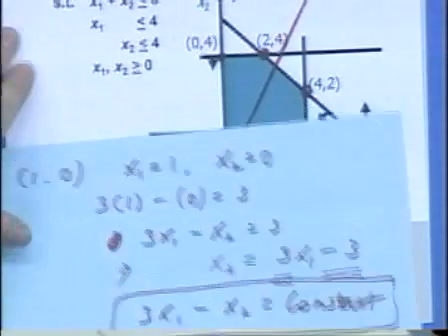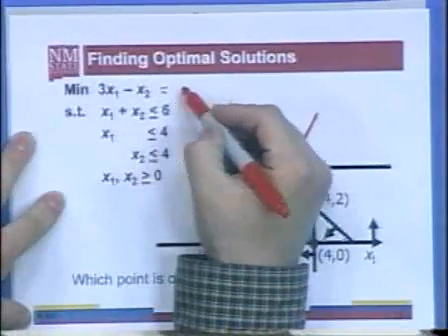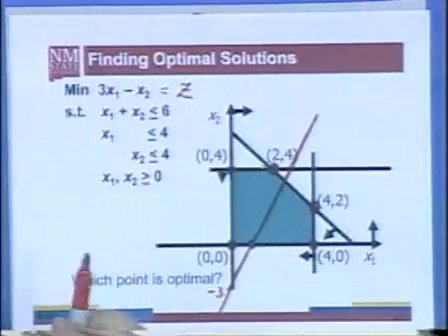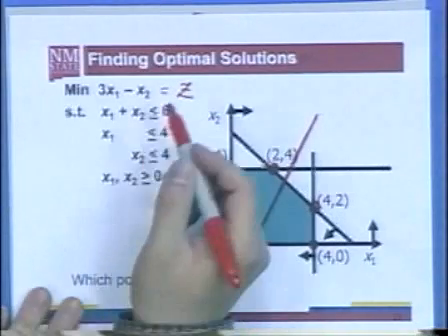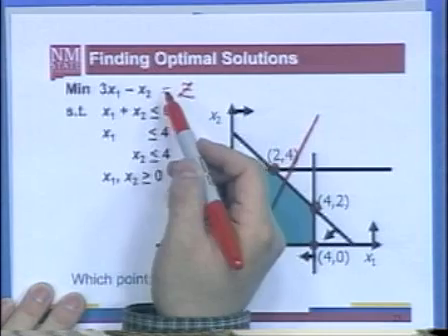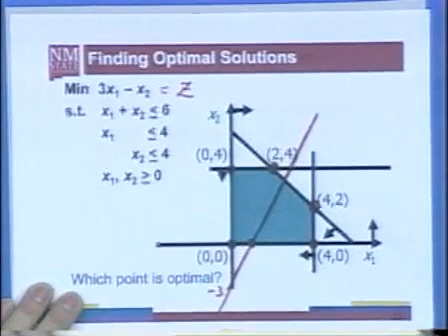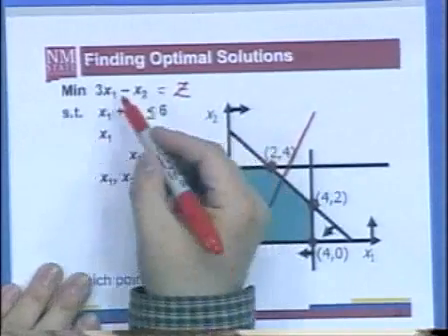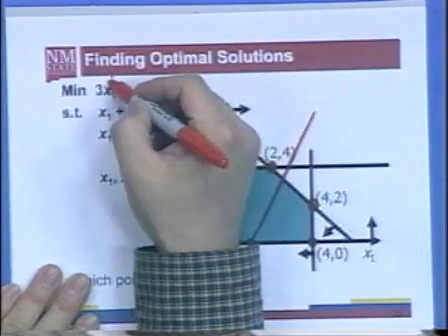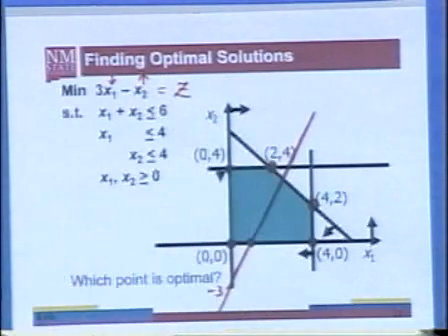And then in this case, the objective function value, g, which is z here, will be improved, which means the g value will be decreased if we move the iso value line in a direction for which x1 is decreased and x2 is increased. Is that right?